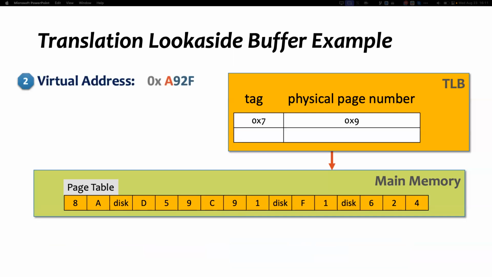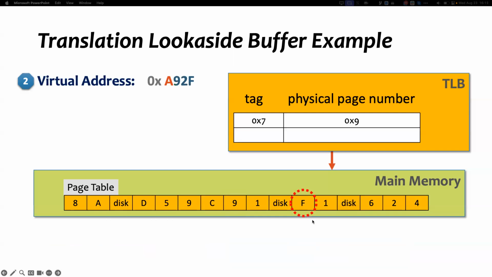All right. So let's have a look at another access. This address starts with an A. So the virtual page number is A, which is 10 in decimal, right? And again, first I want to look into the TLB. It's not in the TLB, so I'll go to the main memory.